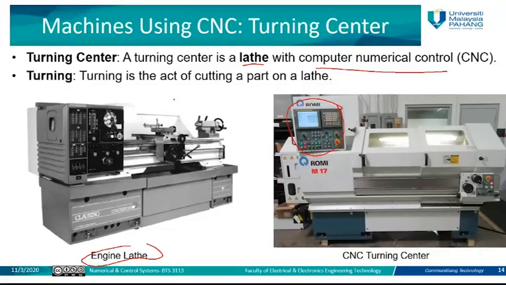Turning is the act of cutting a part on the lathe. So if I have a workpiece I want to cut, I use the turning center, which consists of the lathe engine plus the computer.